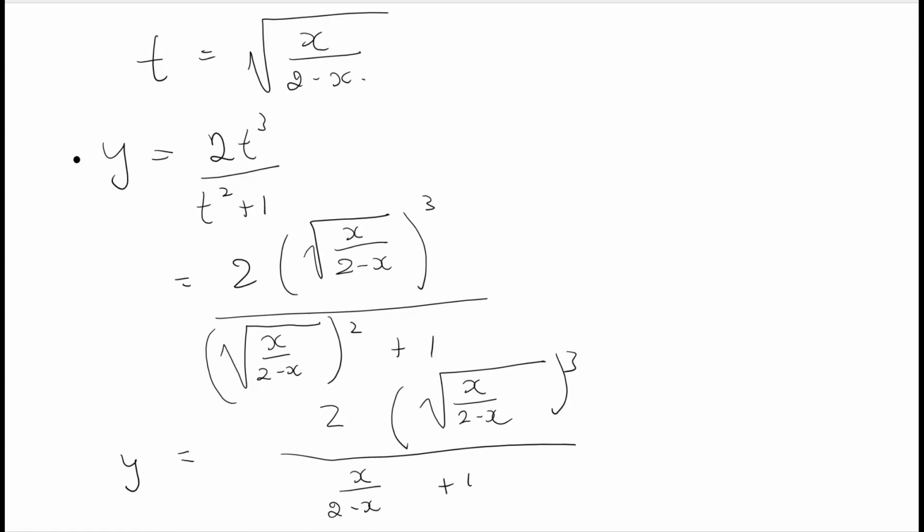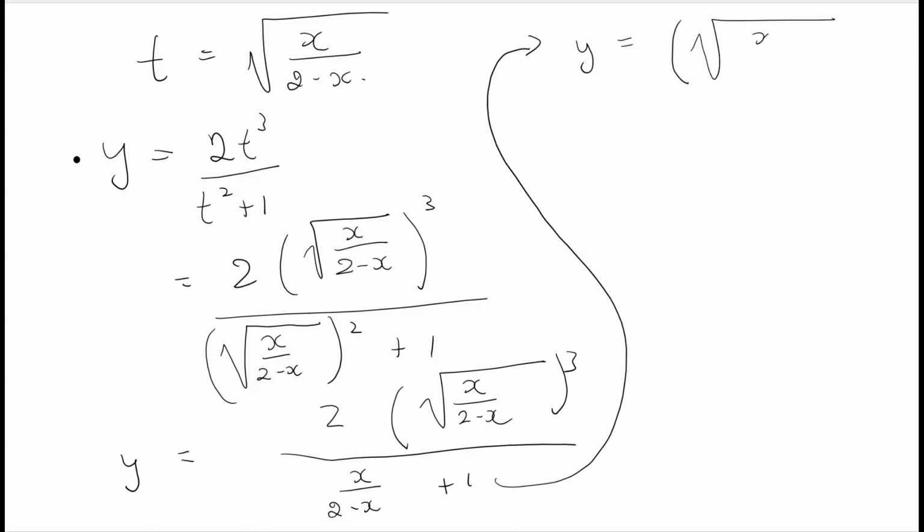So what we will do is I'll just bring it up here, and so we've got y equals, the top line I'll just leave as it is for the moment, so that's going to be the square root of x over 2 minus x cubed. Now the bottom line, we're just going to add fractions, and we need the bottom line to be 2 minus x, and if we've multiplied the bottom line of 1, which is really 1 over 1, we then have to multiply the top line by that.